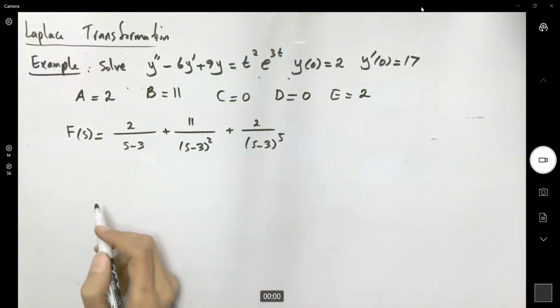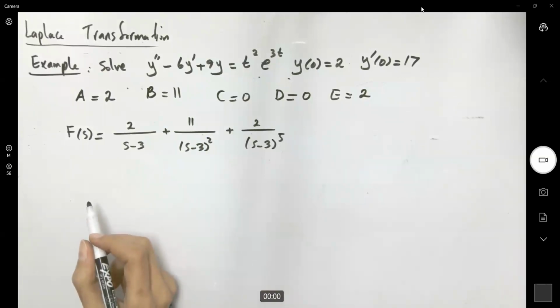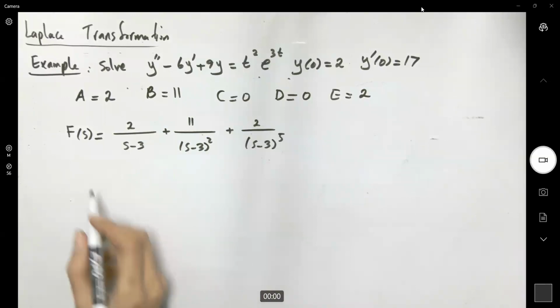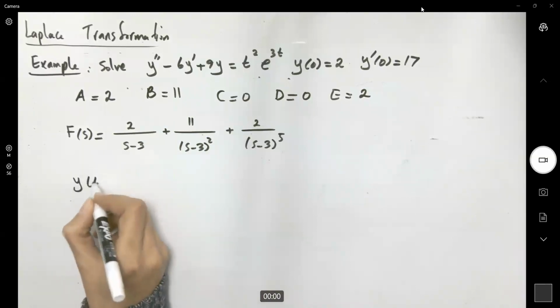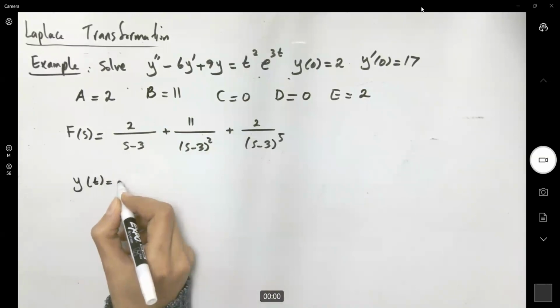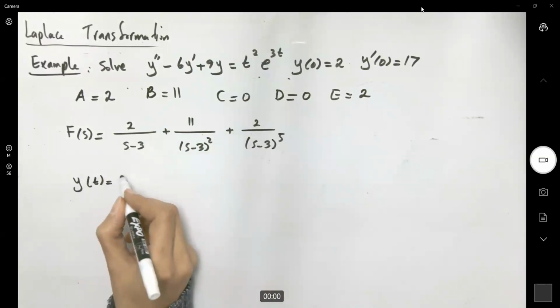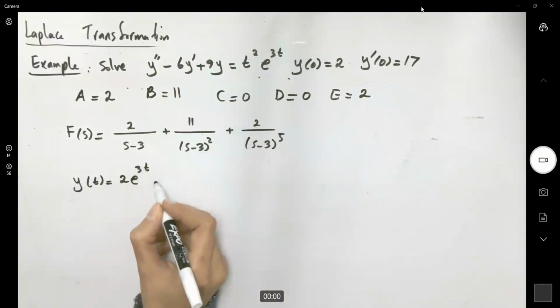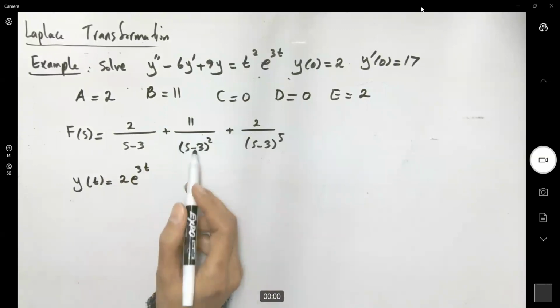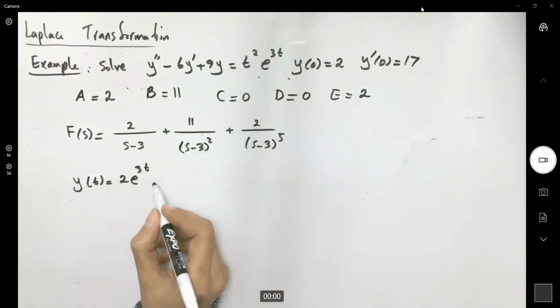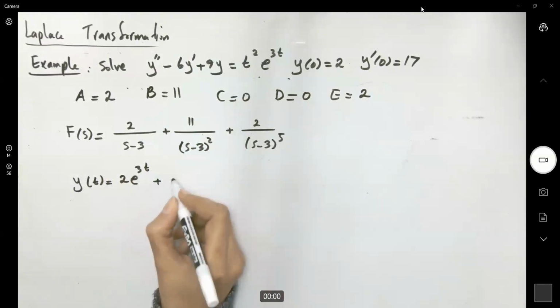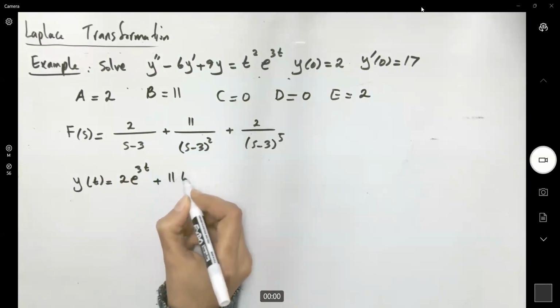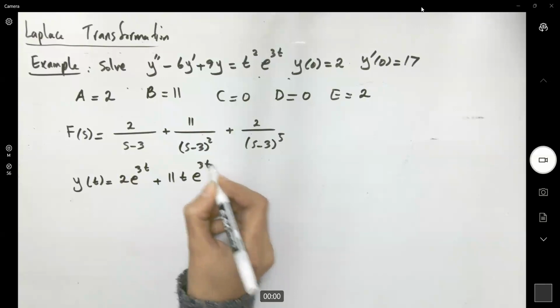Very well. So y(t) becomes 2 e to the power 3t, and for the second power, plus 11t e to the power 3t.